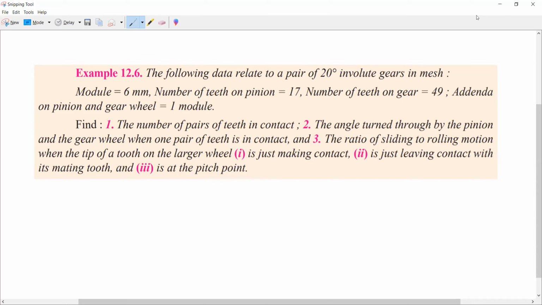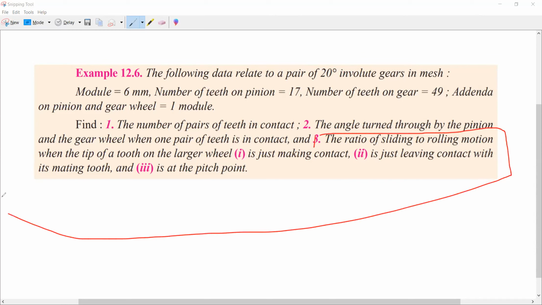When the tip of the tooth on the larger wheel is just leaving the contact, and it is at the pitch point. What is the meaning of this, we will discuss later on. The last thing is new, so right now we are not going to focus on this third one. I will explain it later.